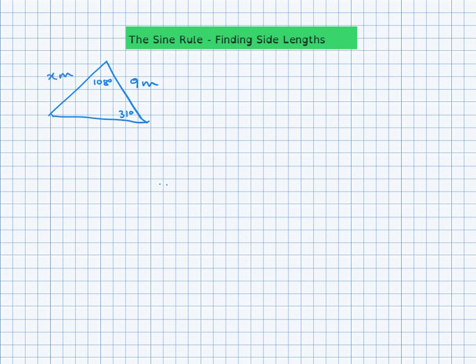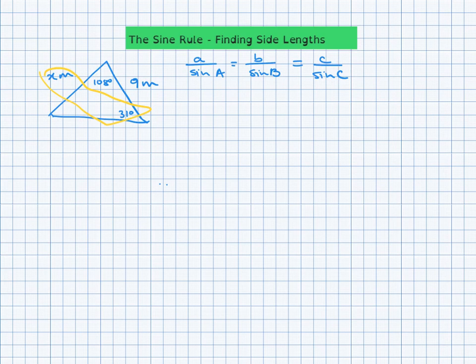Now using the rule, I'm going to write a over sine A equals b over sine B equals c over sine C. We're looking for corresponding sides and angles, as we have seen before. So let's use yellow: x and this angle here go together.